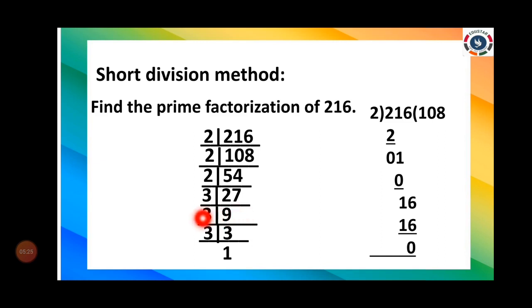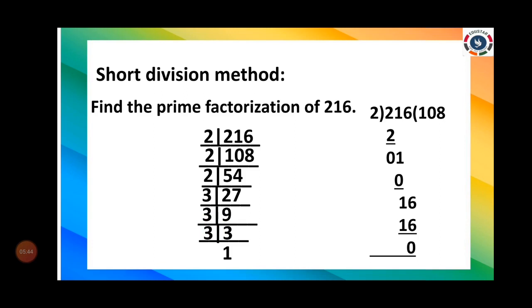So write 3 in front of the 9. Then divide. How many times of 3's are there? 3 times right at the bottom. Then the same prime number, use the same prime number to divide the value. Write 3 again. How many times of 3's are there in 3? Only one time.